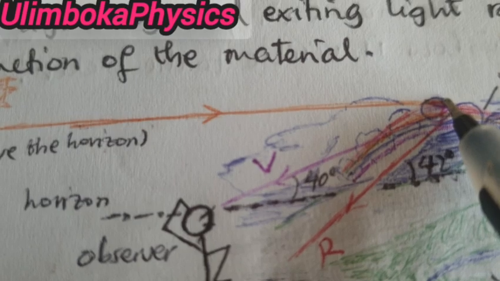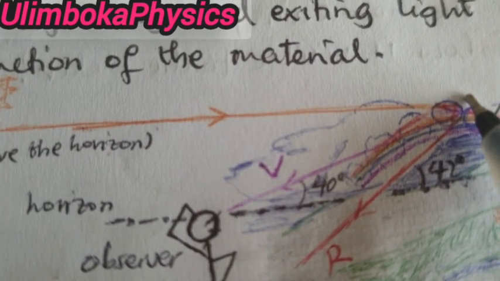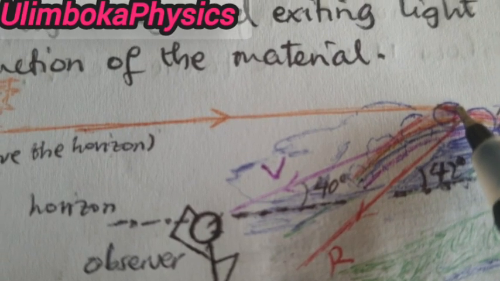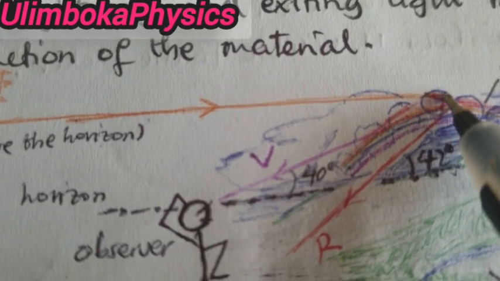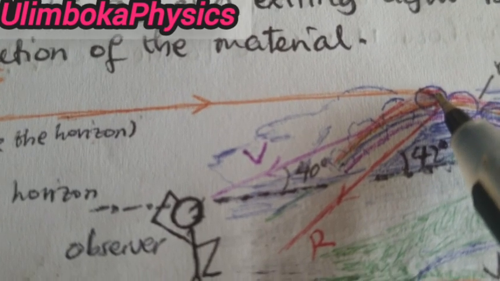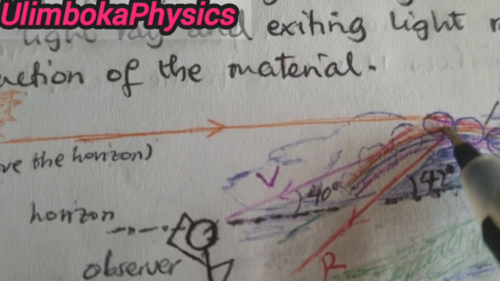After striking the edge of the water droplet, the boundary between the water droplet and the air, total internal reflection is achieved when the incidence angle becomes greater than the critical angle.